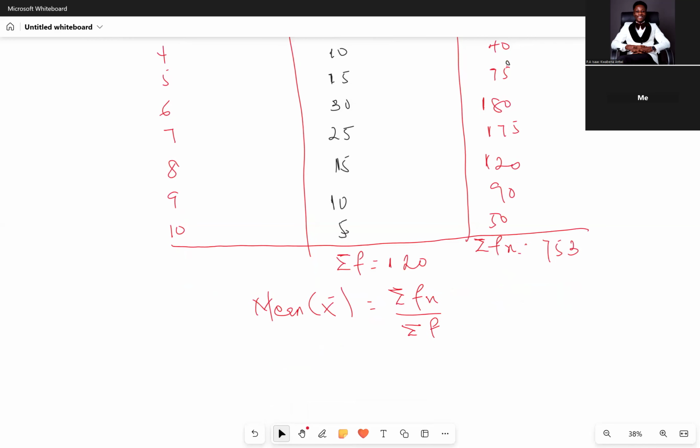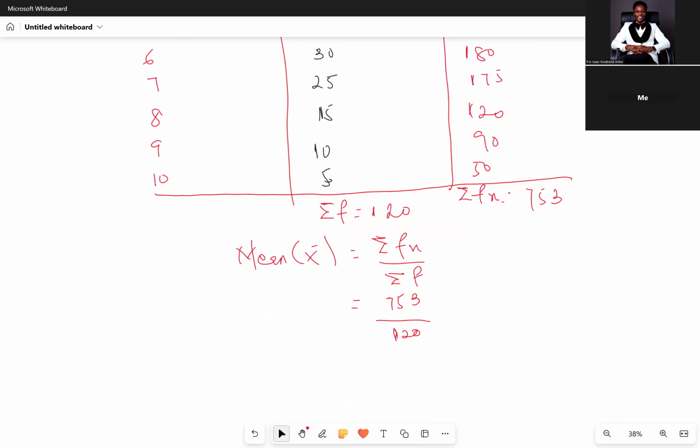So in the long run, you have 753 divided by 120, which is 6.275. Now, please tell me what it is. 6.275.